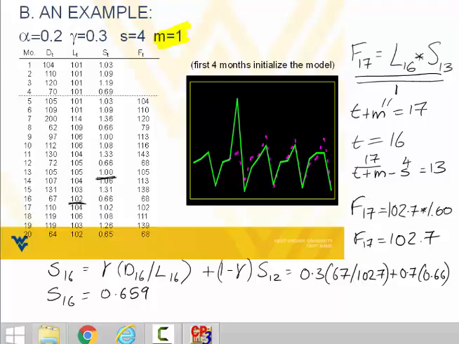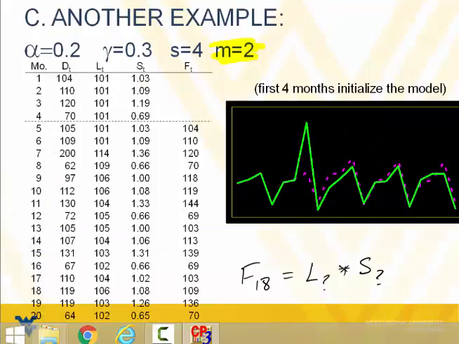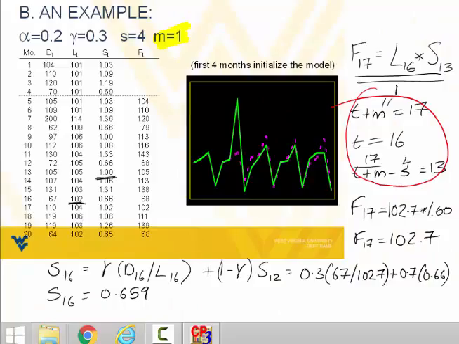Okay? So once you figure out the subscripts, it becomes pretty straightforward. Yeah? So do the second example where I showed you m is equal to 2, forecasting demand at period 18.